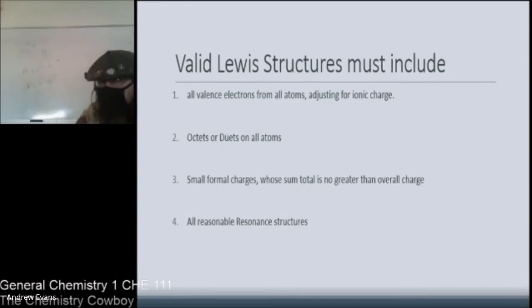The best Lewis structures should have the smallest formal charges, whose sum total is no greater than the overall charge. And the best Lewis structures should consider all reasonable resonance structures. Obviously, you can't draw all of them all the time, because sometimes we don't really have that option.